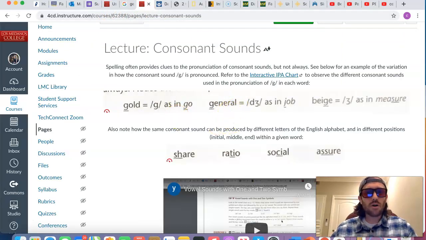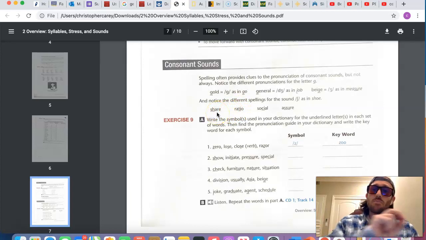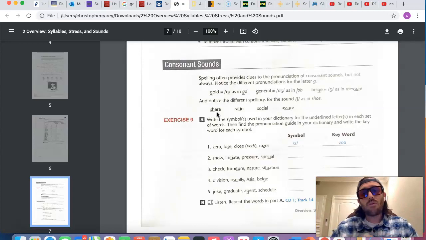So back to what we were talking about with regard to consonant sounds and how they vary. And like I had said, also the position, right? Whether it's at the beginning or more in the middle or at the end, that will also have an effect on how consonant sounds are produced.